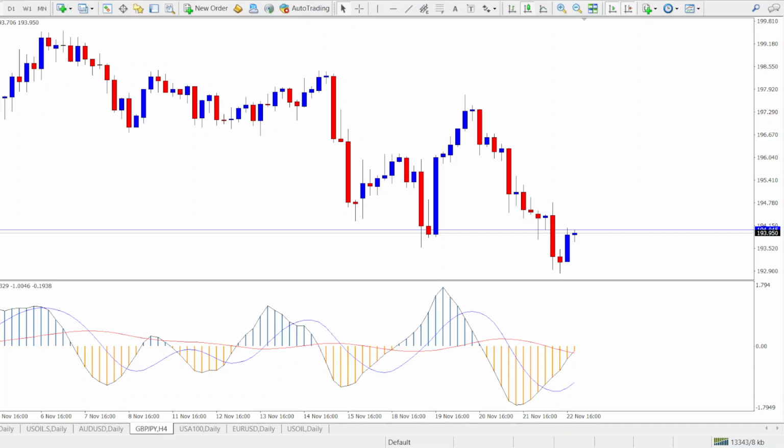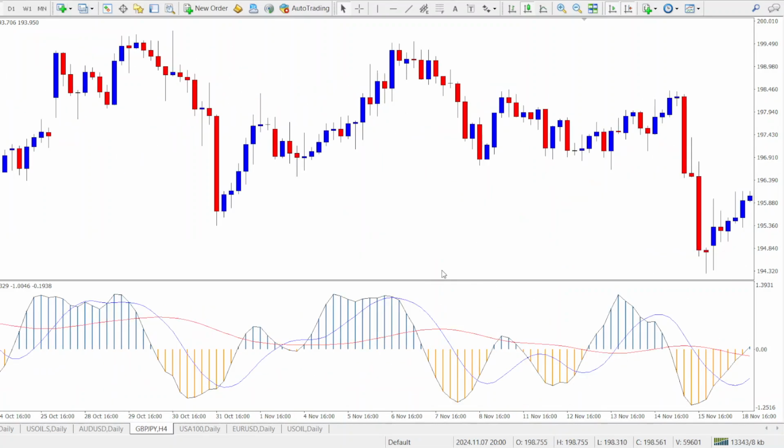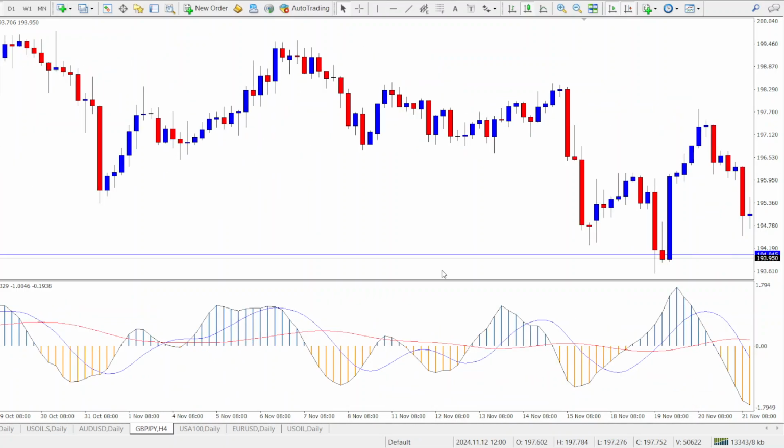Now, this indicator is actually a modified version of the Fisher transform indicator. Okay, this indicator utilizes advanced techniques to transform prices into a Gaussian normal distribution. So it makes trends more visible and easier to interpret. Now, this indicator tries to simplify trend analysis.